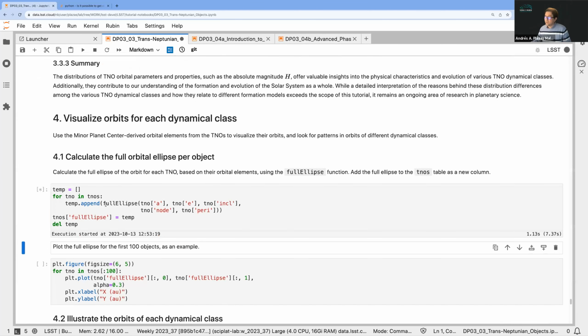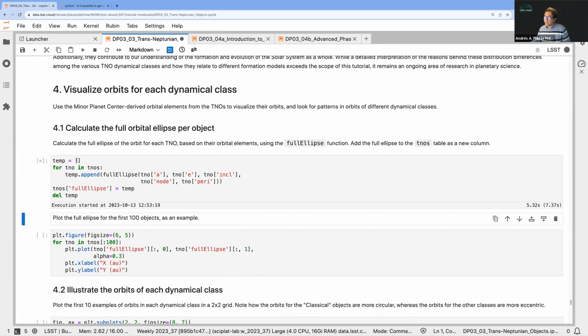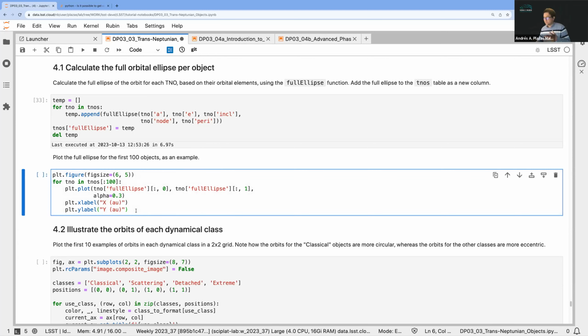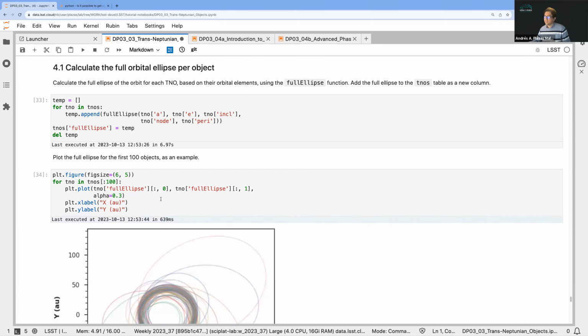We do a loop over the TNOs that we have and calculate an array that has the ellipse for each object. Then we plot just the first 100 objects because I didn't want to make the plot too crowded, but you are more than welcome to explore different ways of visualizing this data.